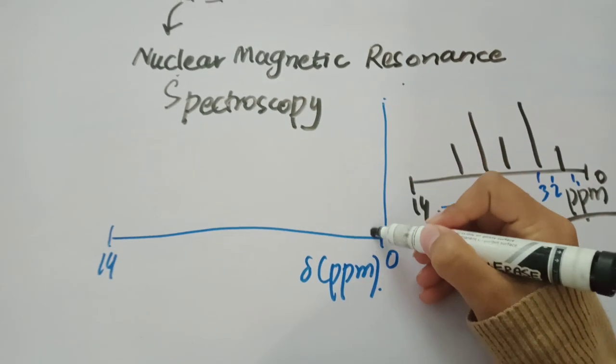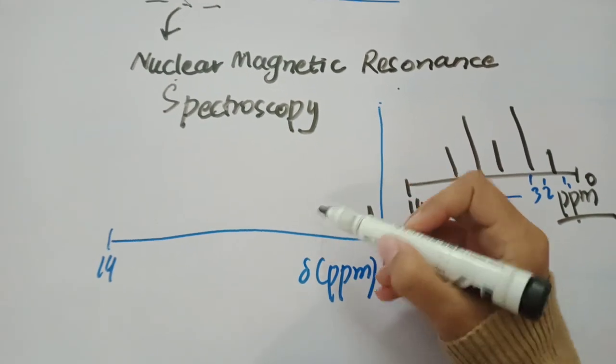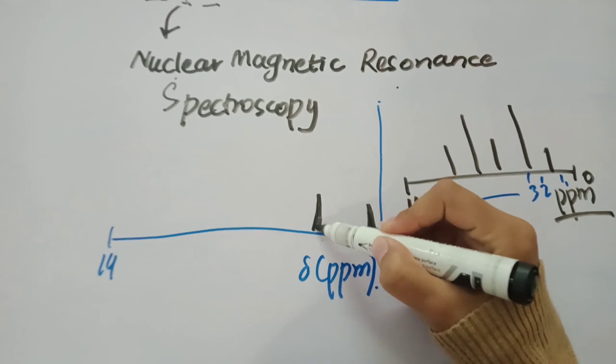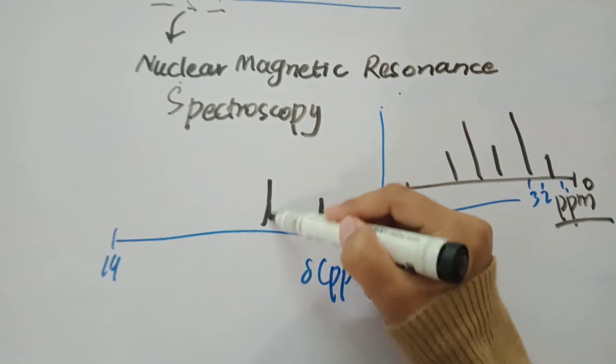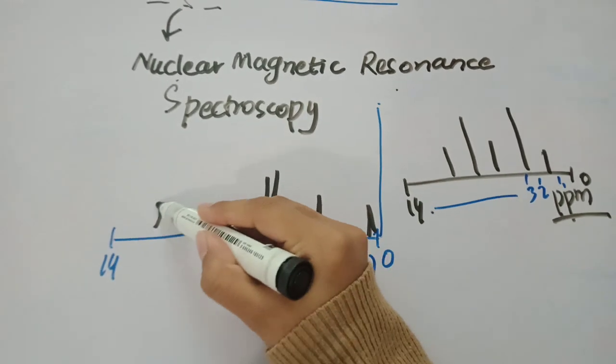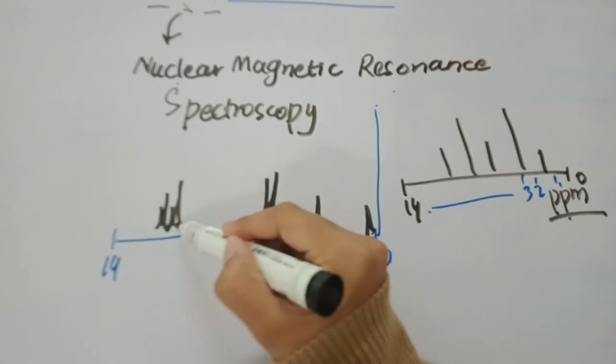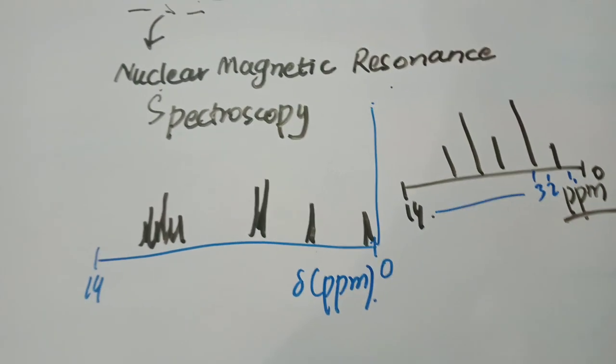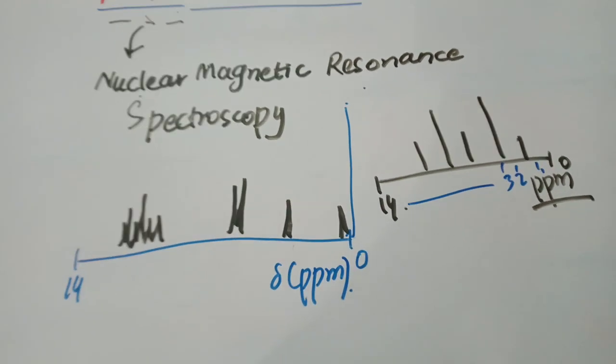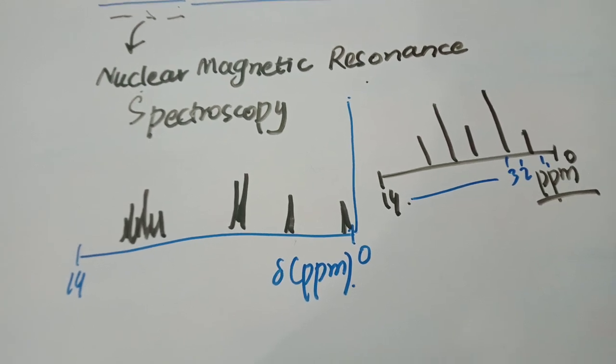A line would be here, a line could be here, a line could be here. This kind of graph you can see in NMR spectroscopy.